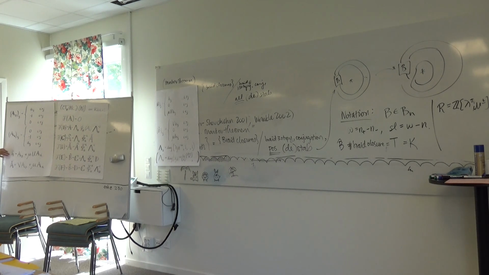Notice it has a U in it, so it corresponds to intersecting with H plus, and this has a V in it, which corresponds to intersection with H minus.